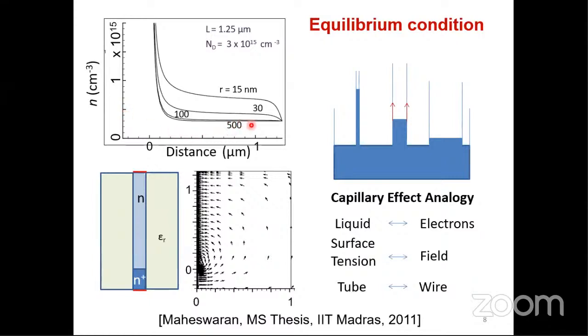For 500 nanometer as radius, if this wire is very, very thick, then your carrier concentration is flat as you go with the distance when you plot. Only when you approach zero, that is the substrate contact, the carrier concentration goes up. Otherwise, it remains equal to 3 into 10 power 15.